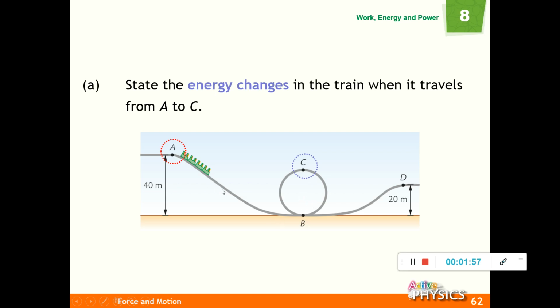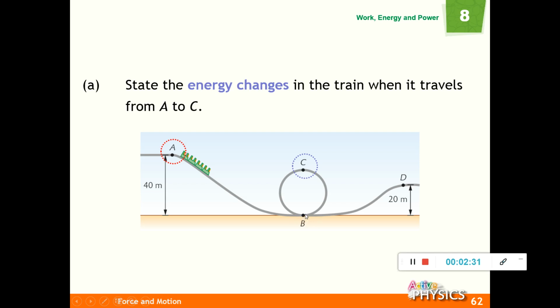From A to B, you can see that GPE is decreasing. And how about the KE? KE will be increasing. And the work done against friction is also increasing. This tells us that GPE loss, KE gain, and also work done against friction. How about from B to C?